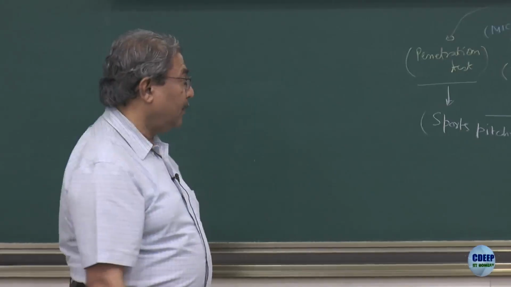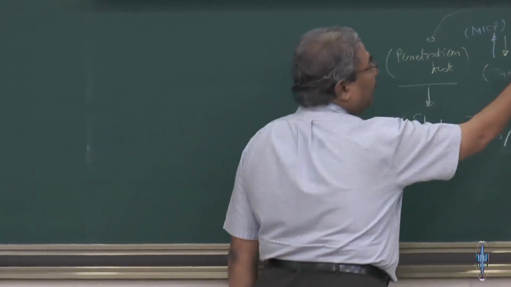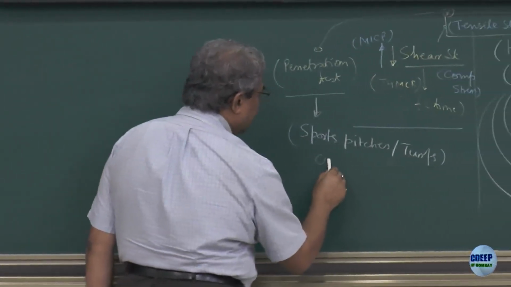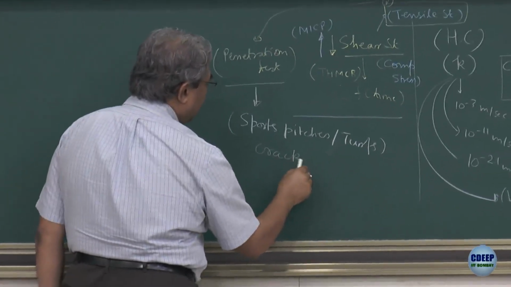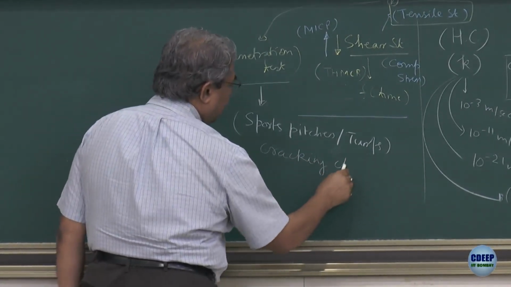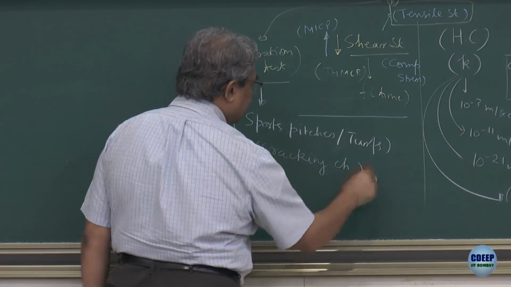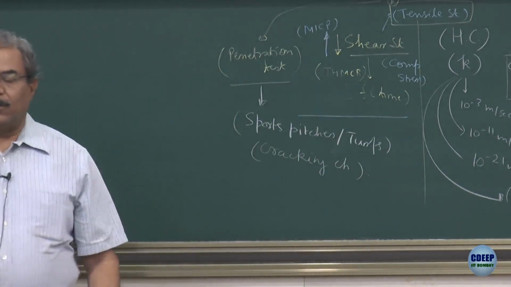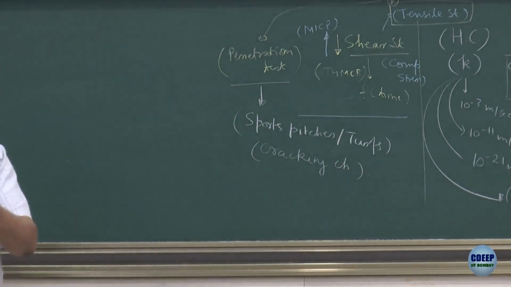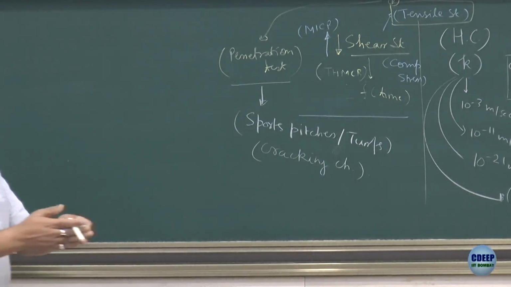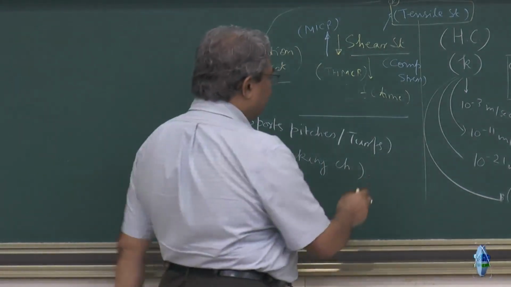Why? The tensile strength is the one which governs the cracking of the soils. Cracking characteristics. So, the lower the tensile strength, the more the cracking. Got it? And cracking is induced because of the environmental forces.